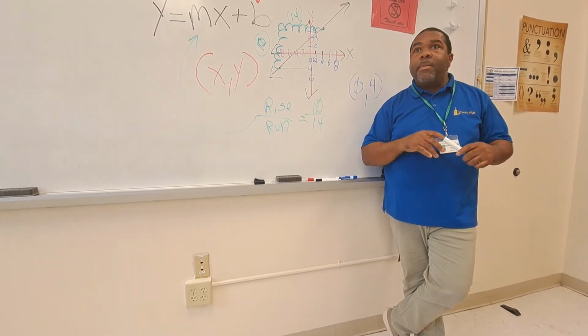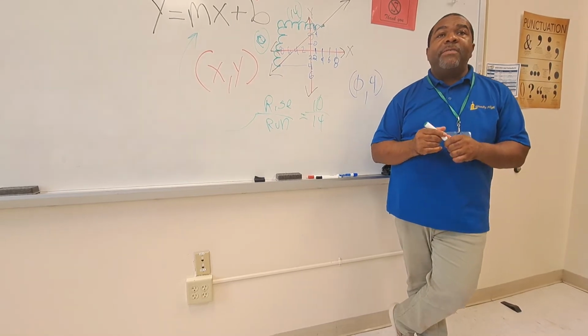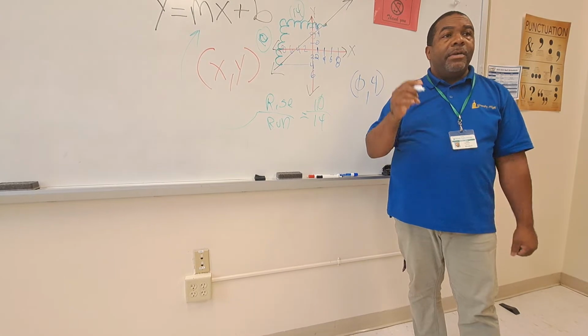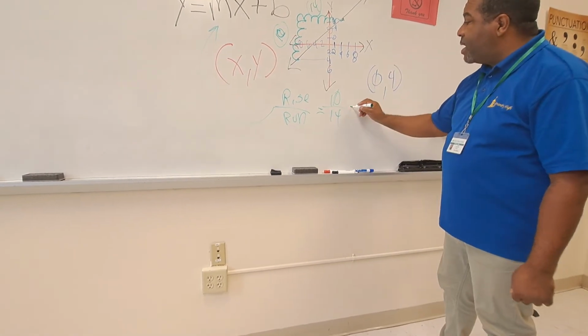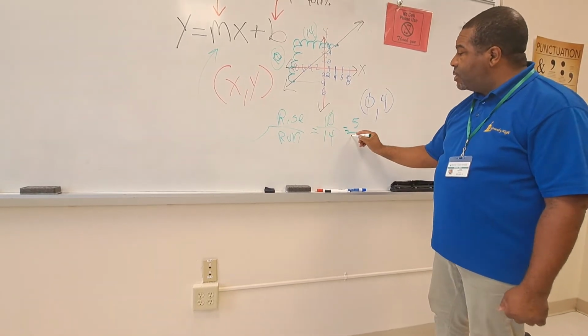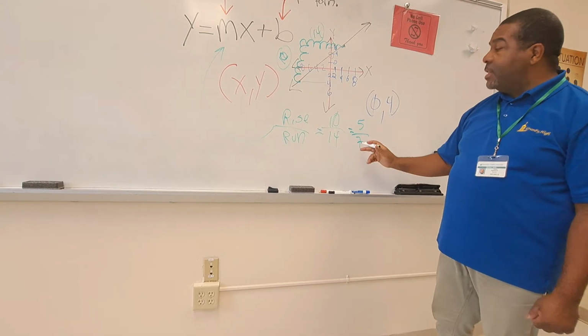So I know automatically I can divide by 2. 10 divided by 2 gives you 5, and 14 divided by 2 gives me 7. So my slope for this would be 5 over 7.